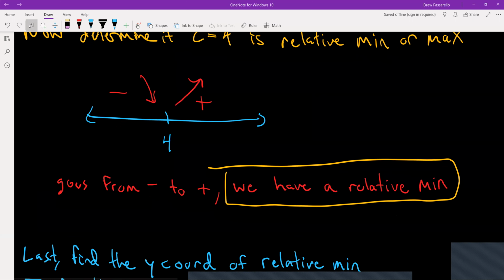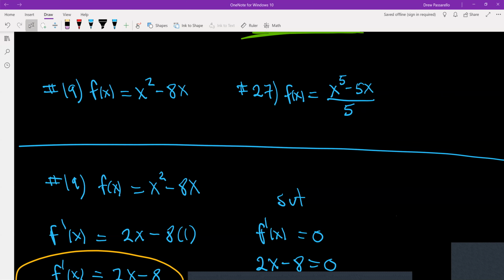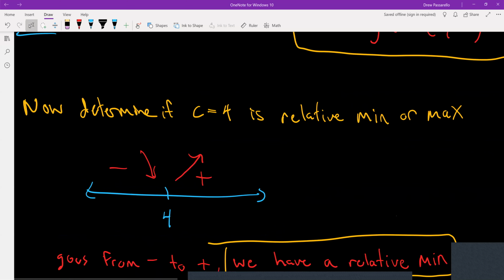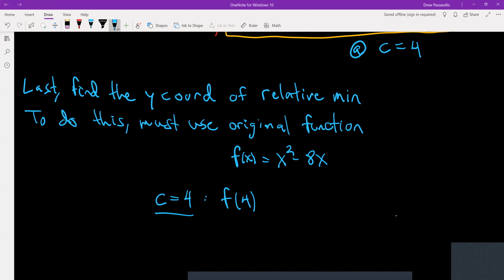So we have a relative min, and it's at c equals 4. The original function is x squared minus 8x. So plugging in 4, that's going to give us 4 squared minus 8 times 4.